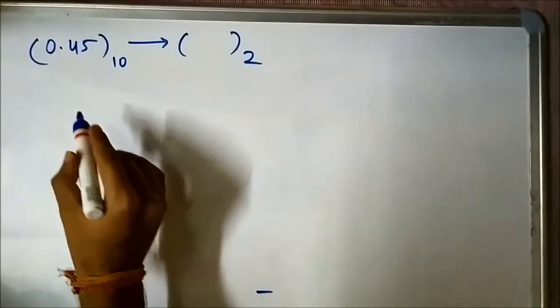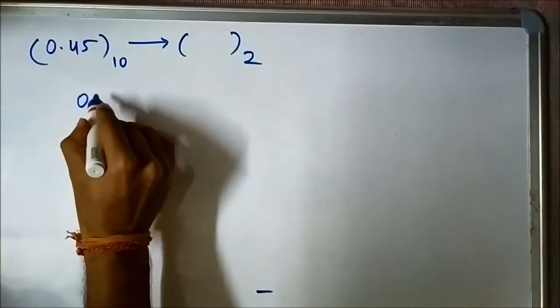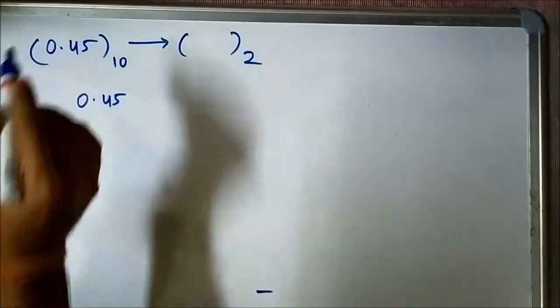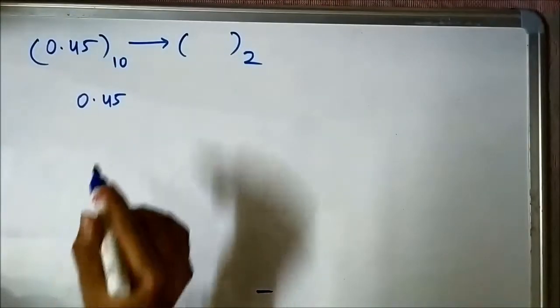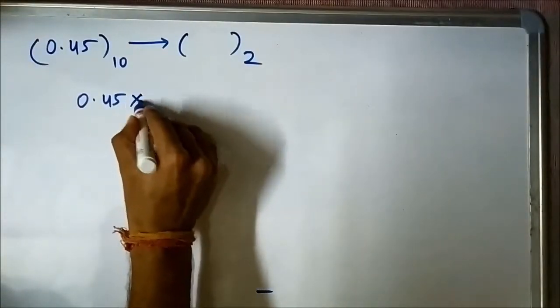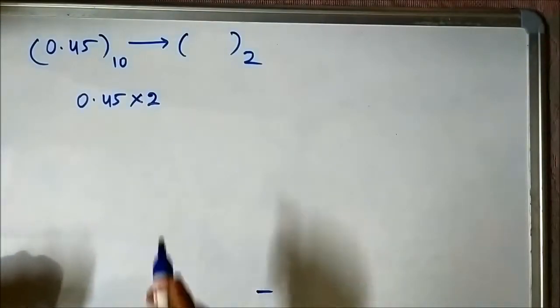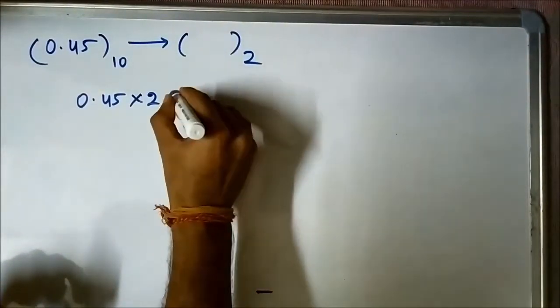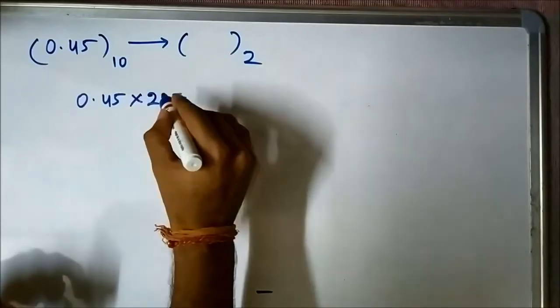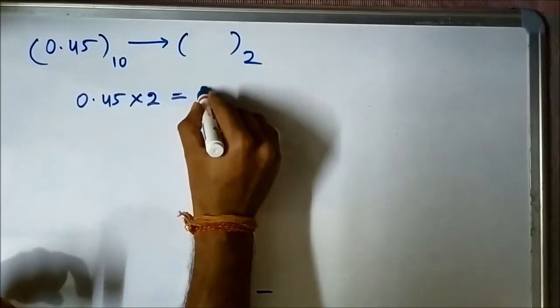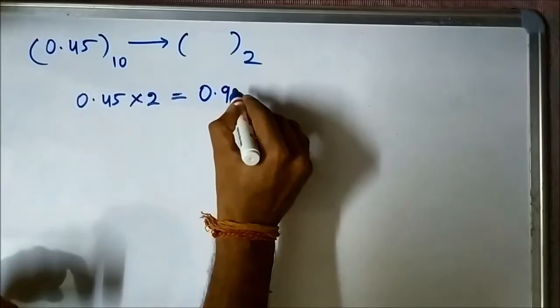For that, you take that given fractional number and you multiply it with 2. 0.45 into 2 is 0.9.